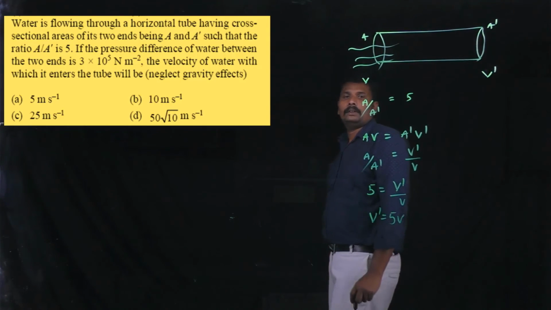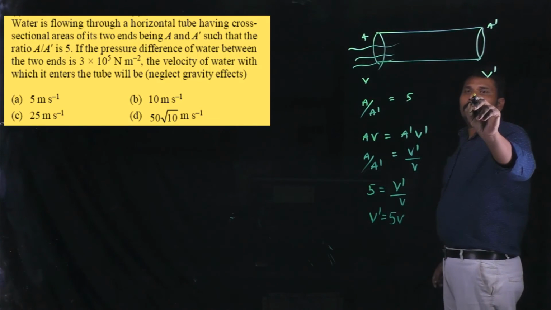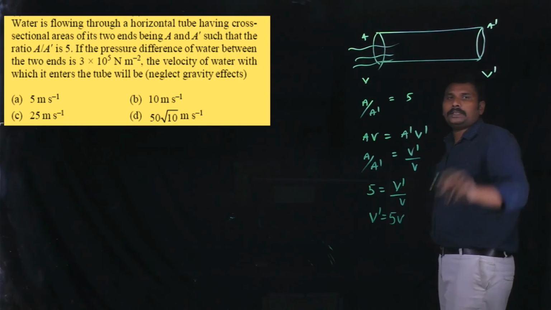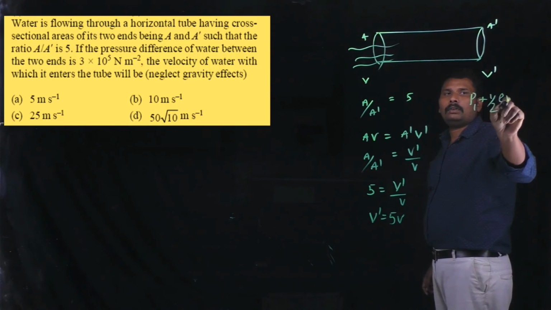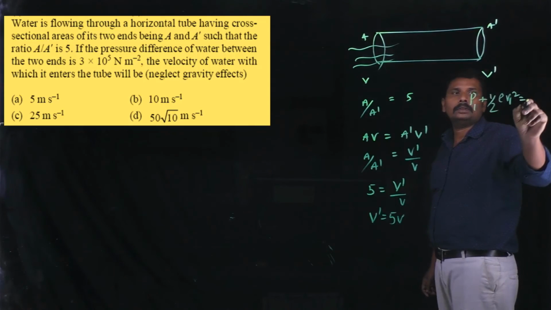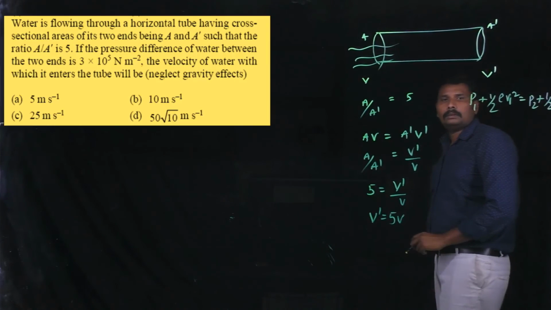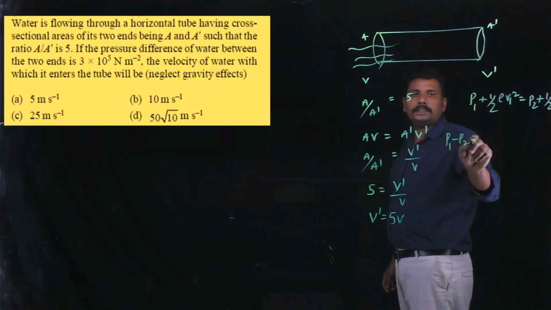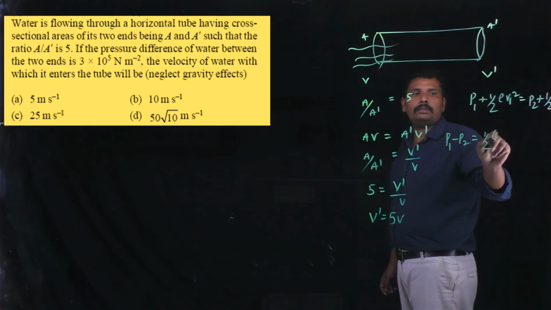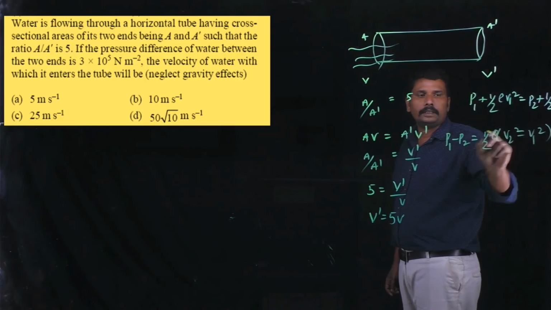From Bernoulli's theorem, by neglecting gravity, P1 plus half rho V1 square is equal to P2 plus half rho V2 square. By solving this, we get P1 minus P2 is equal to half rho into V2 square minus V1 square.